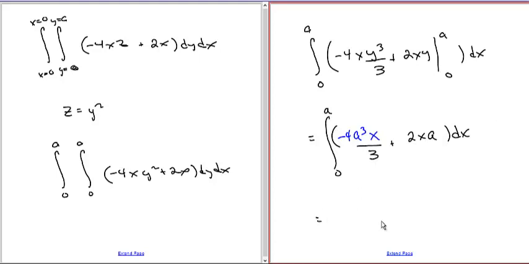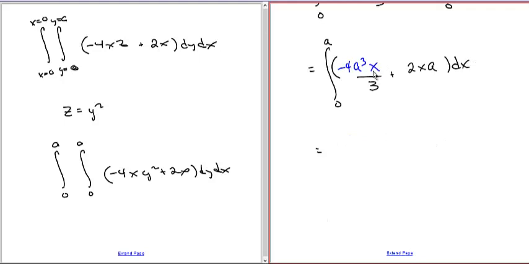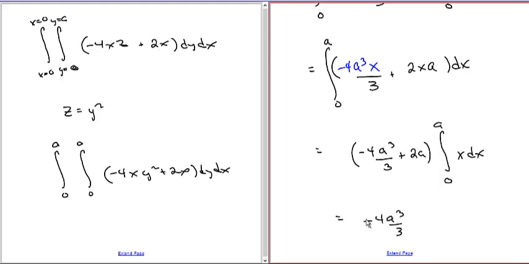I can factor out negative 4a cubed over 3 plus 2a, that whole thing times x, from 0 to a. So you get negative 4a cubed over 3. This doesn't seem like it's going to work out right.